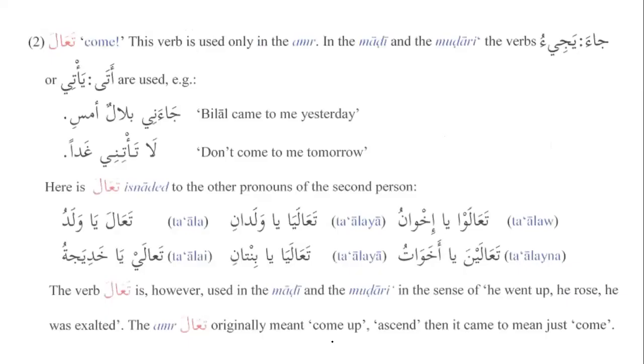Number 2, as we can see here, the verb ta'ala. Ta'ala. So as you can see here, it is just a lam with a fatha on that, and it means come. This verb is only used in amr. So whenever we want to make fi'l al-amr, we use ta'ala.